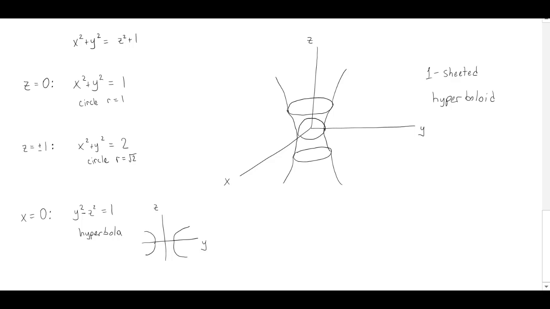So then you can kind of see that profile of the hyperbola in the picture here and here. And because you have those hyperbola traces, that's what we call it a hyperboloid. Okay? All right, questions? Are we good?